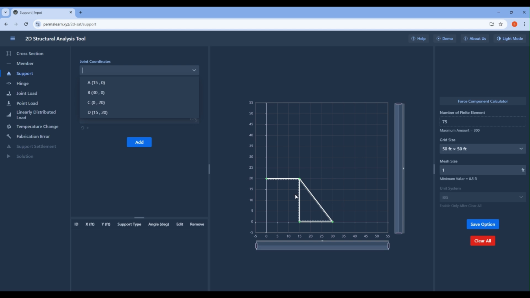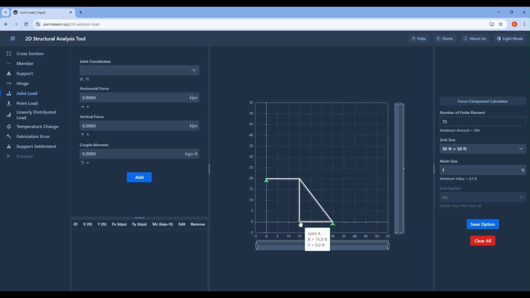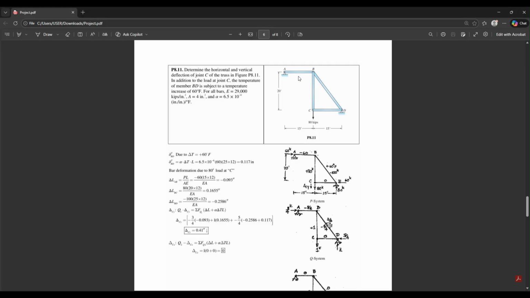We have support at C as a pin, and support at B here is also a pin. And now let's add the external load. At point A here, we have the downward load of -80, and with this we have already built this structure.